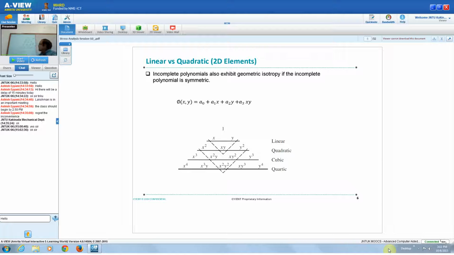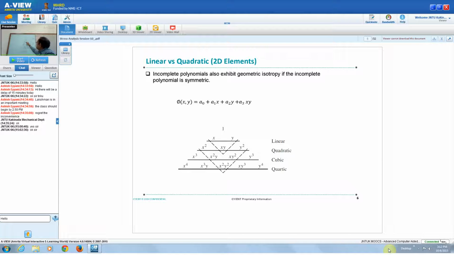Okay. So actually, for our element formulation, one of the important requirements is that even though the polynomial is incomplete, it should exhibit symmetry. That means if I take 1, x, y, and x square, is it symmetric?